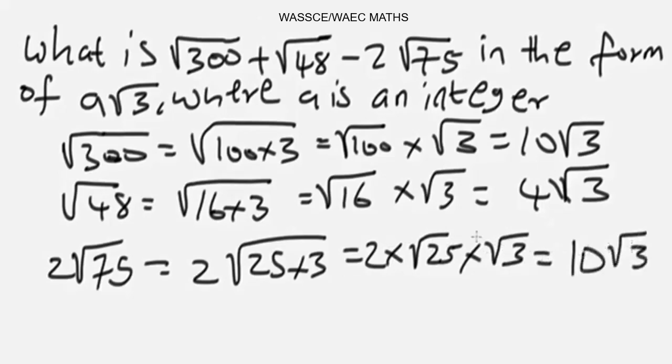Now that we have written each surd in terms of root 3, finally, our answer. Remember the question says, what is this expression in terms of a root 3, where a is an integer?